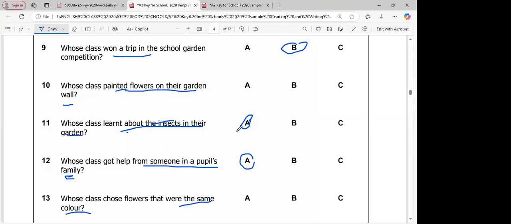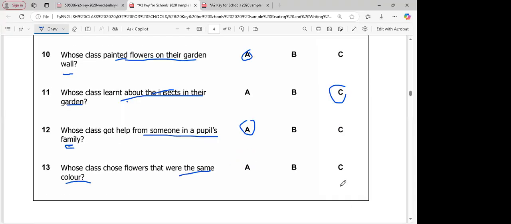No, 11th answer is not A. Teacher, C. Yeah, I made a mistake here. I had to skip 10. 10th answer is A, Amy. 11th answer is C. 12 A and 13 C. Clear?